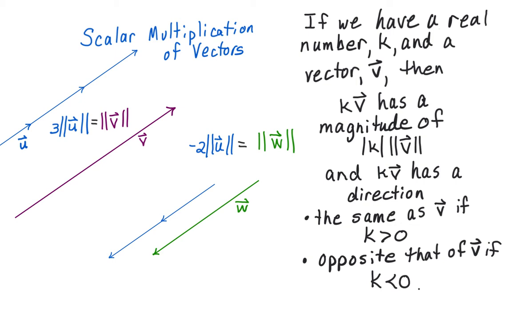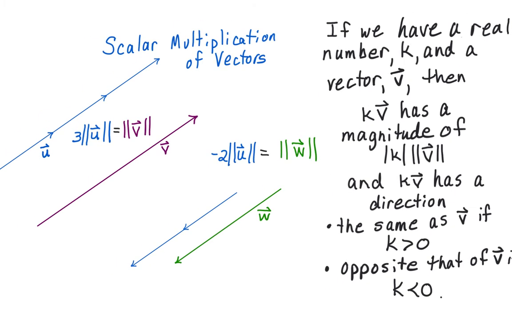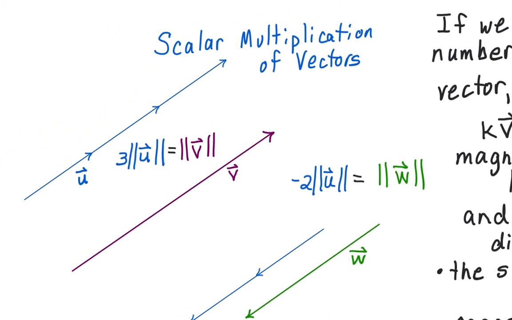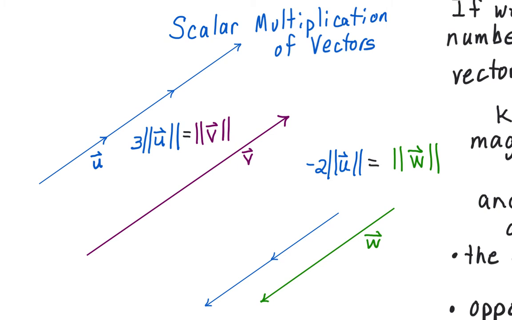So, to be completely precise in my notation, I'm going to go back to what we were doing with our vector u and v over here. More precise notation would not be just 3 times the magnitude of vector u, but it would be the absolute value of 3 times the magnitude of vector u equals the magnitude of vector v.